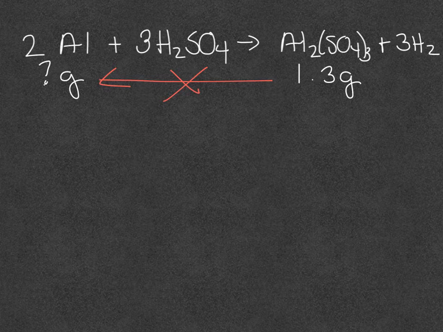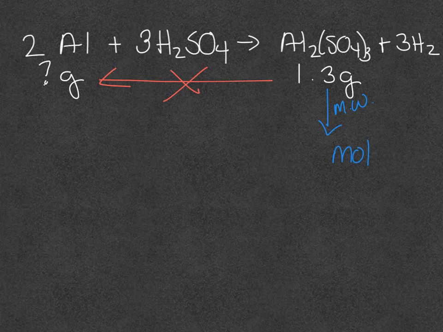So since I cannot do what seems to be the easiest, I have to first convert from grams into moles. And remember, when you do that, you are going to use the molecular weight or the molar mass.